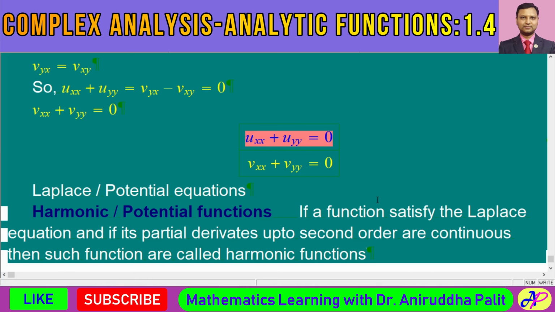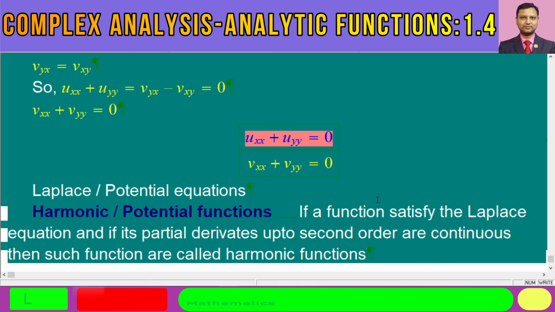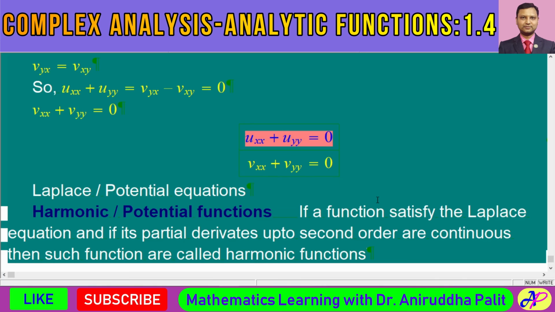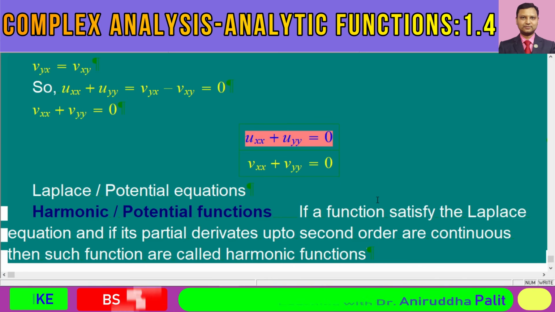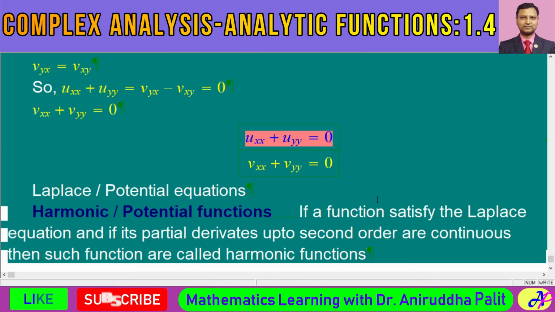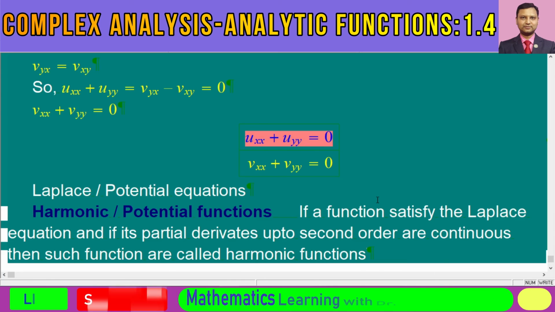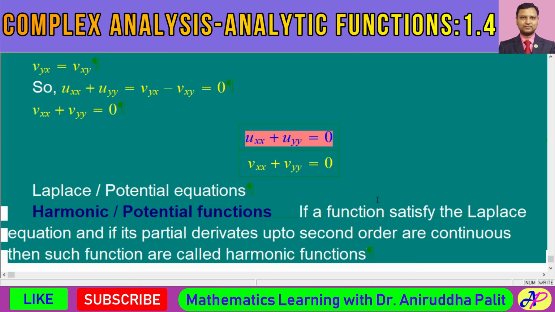Clear? Their partial derivatives are continuous. Then only we say that the function is harmonic. Please be very careful about this kind of result.